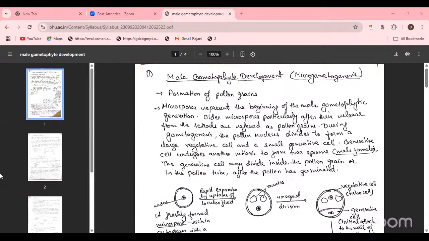Here, microspores represent the beginning of the male gametophytic generation. Microspores or pollen grains, both are the same. These two are the beginning of the male gametophyte generation.